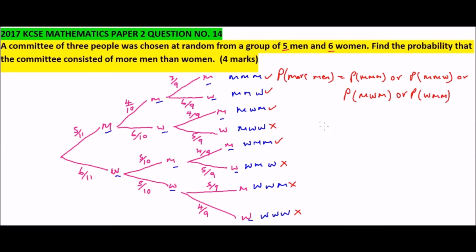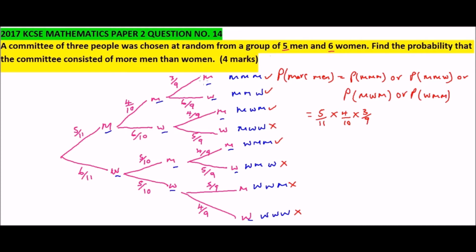So after that, we now represent these probabilities in terms of numbers. So this is equals to the first one. We are using these numbers. So it is 5 over 11 multiplied by 4 over 10 multiplied by 3 over 9.